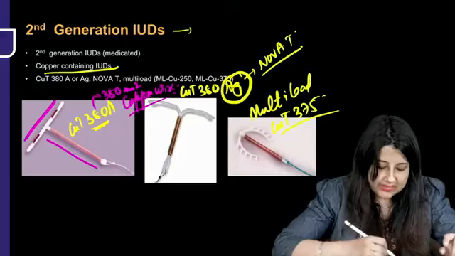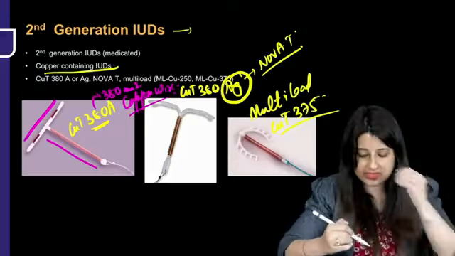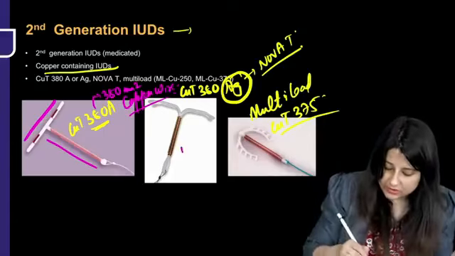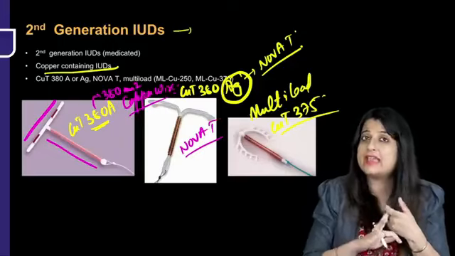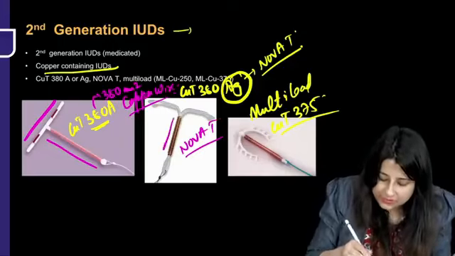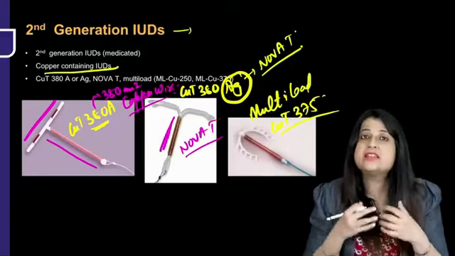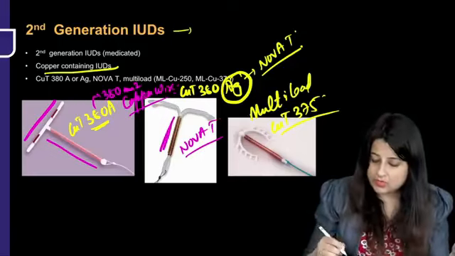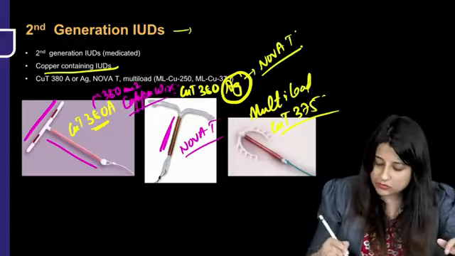Please remember, the copper wire is present on the horizontal stem as well as the vertical stem. Now look at the next image, this is Nova T, copper T380AG. In the silver one, it's only wound around the vertical stem. You know what silver does? It increases the shelf life of copper and does not let it destabilize. And this is multi-load, U-shaped.